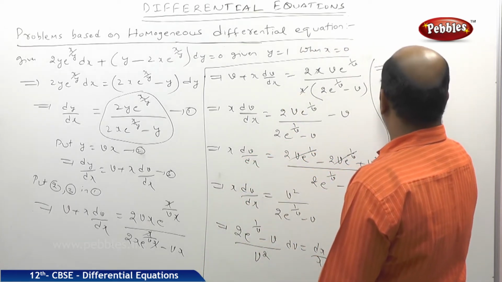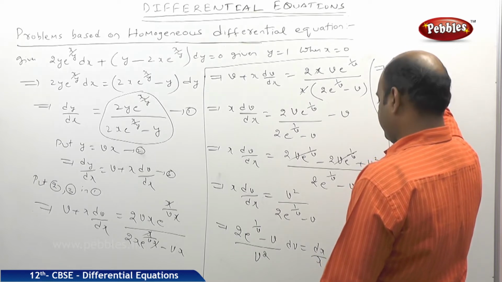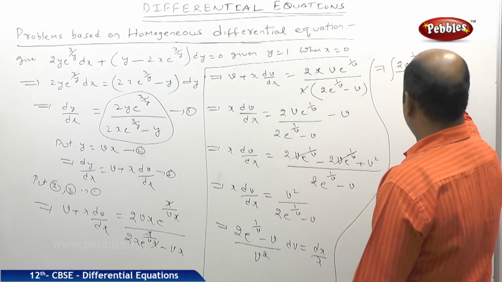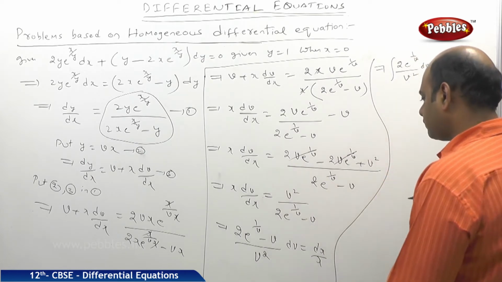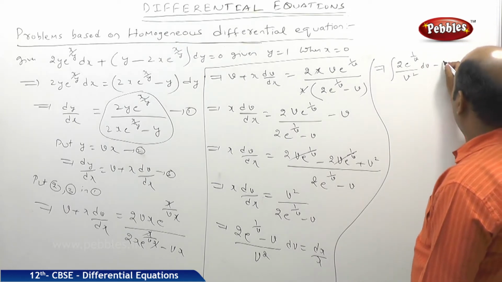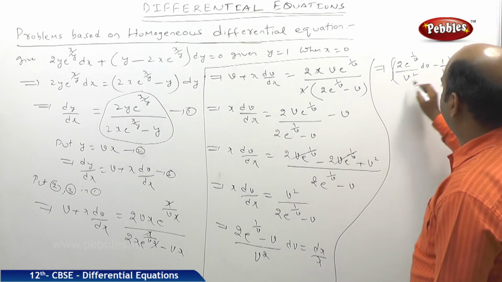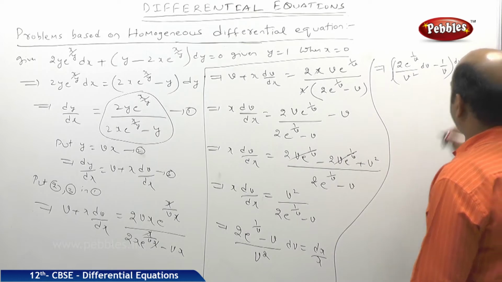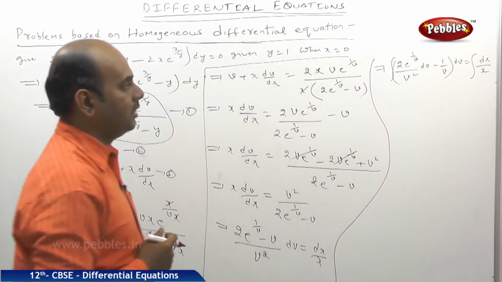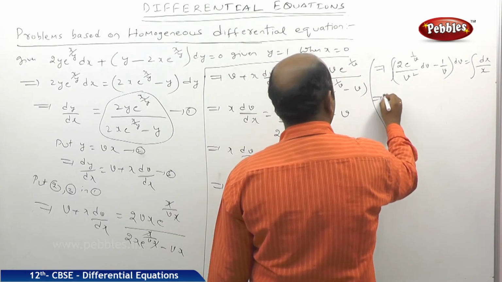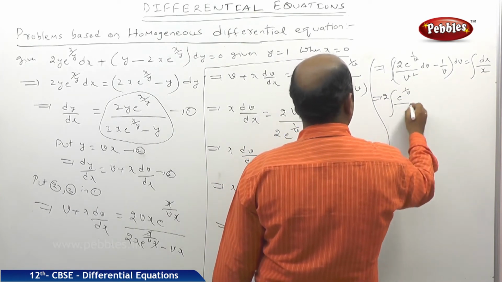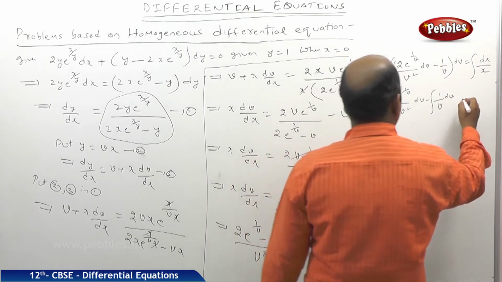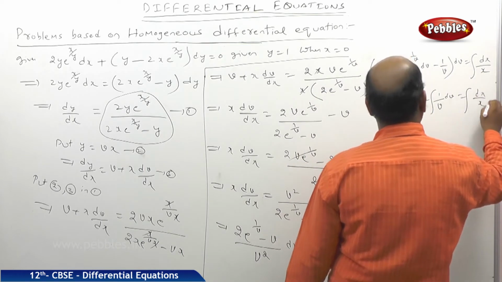If I make integral on both sides, 2 e power 1 by v by v square dv minus 1 by v dv is equal to integral of dx by x. So integrating individually, 2 outside, integral of e power 1 by v times 1 by v square dv, minus integral of 1 by v dv is equal to integral of dx by x.